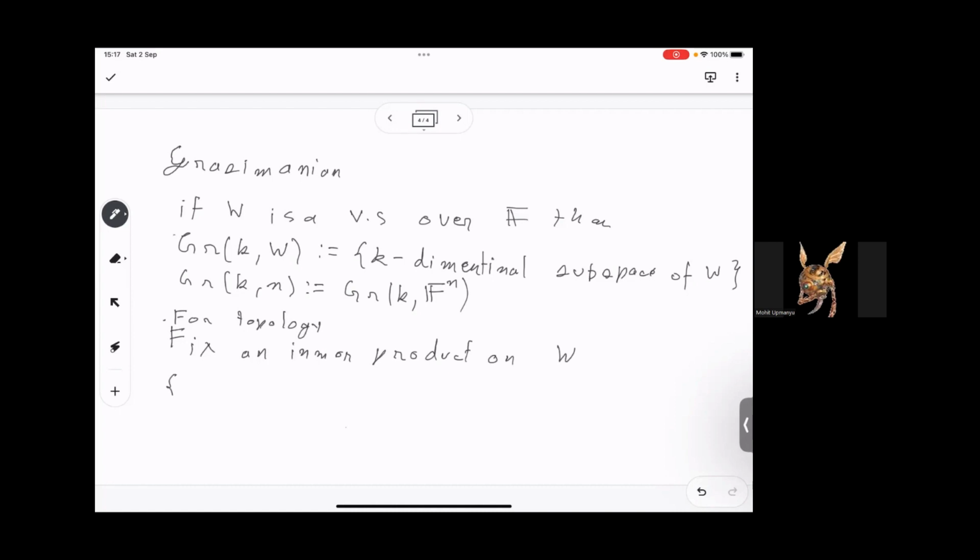Then what we know is that k dimensional subspaces of W are in bijection with rank k orthogonal projections on W.